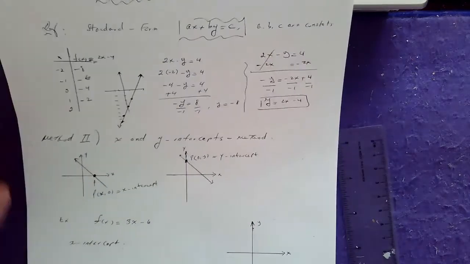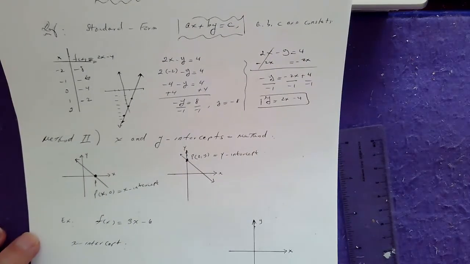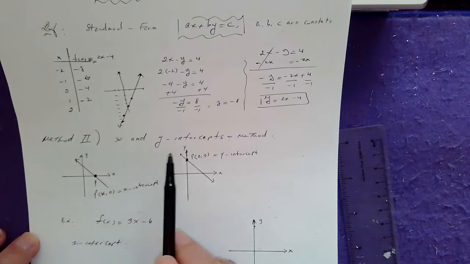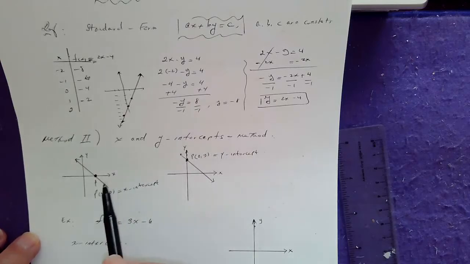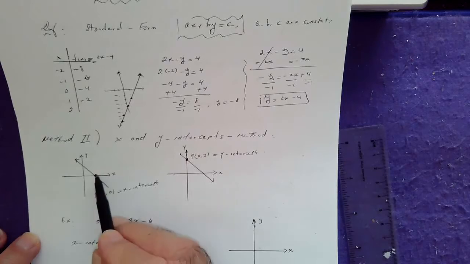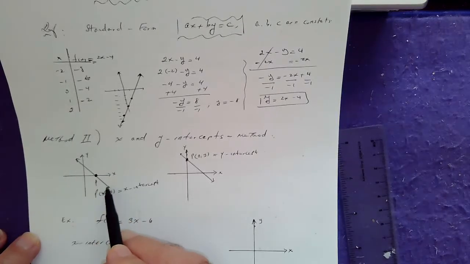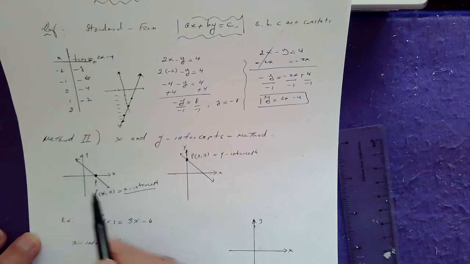So there is a slightly better way to do this, and that's called the x and y intercept. X-intercept is the point where the line crosses the x-axis. So that's called x-intercept. And notice any point on the x-axis has a what? Y equal to 0. Always, rain or shine.